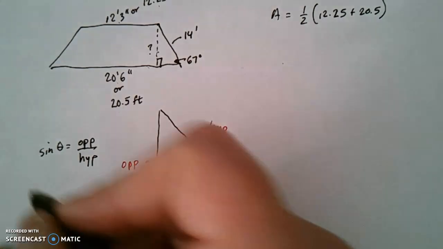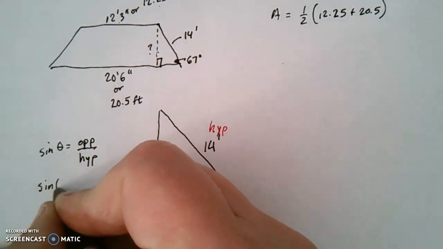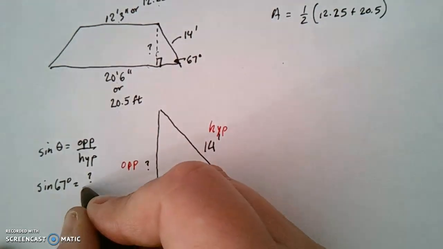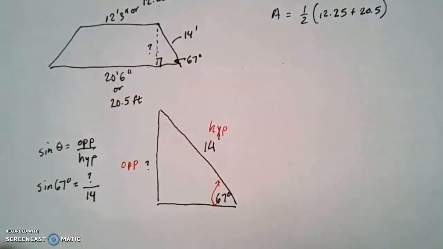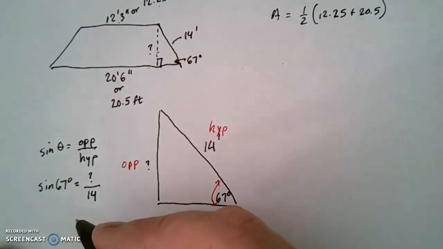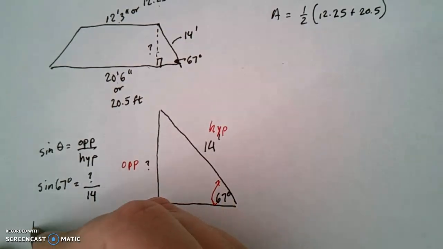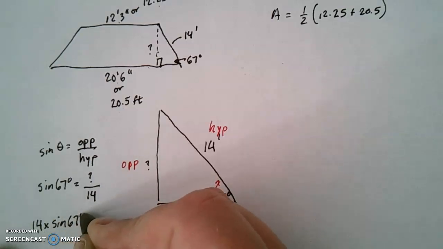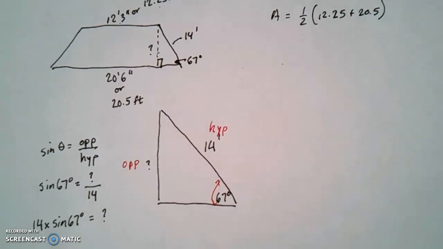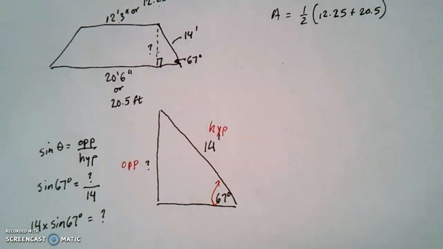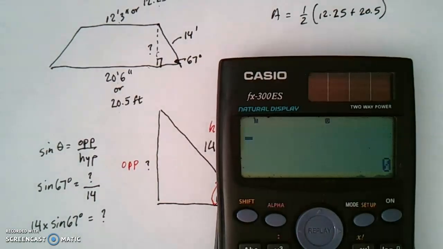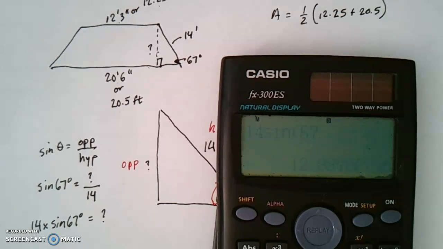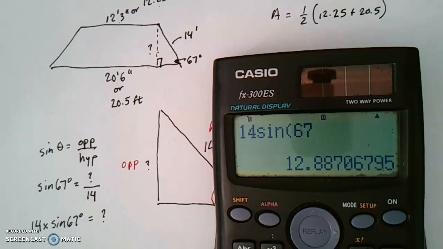Okay? Now plug in my numbers. Sine of 67 is equal to my unknown over 14. So to solve this, you're going to multiply both sides by 14. So you get 14 times sine of 67 degrees is equal to my unknown. I'm going to pull up my calculator here, and I'm going to say 14 sine of 67, and I get 12.89.